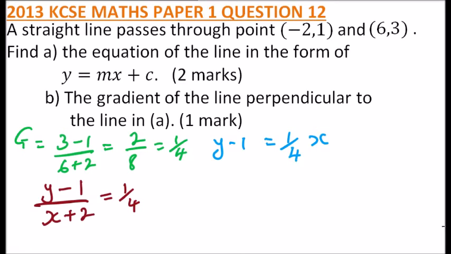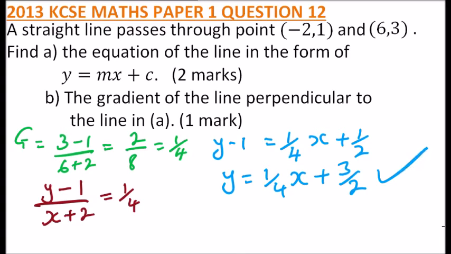So it is plus a half. We take 1 to the other side to be positive, so y is equal to a quarter x plus 1.5 or 3 over 2. So that is the equation of the line passing through those points.